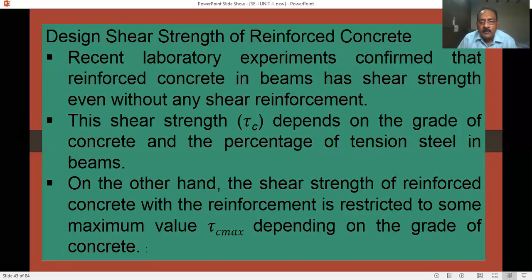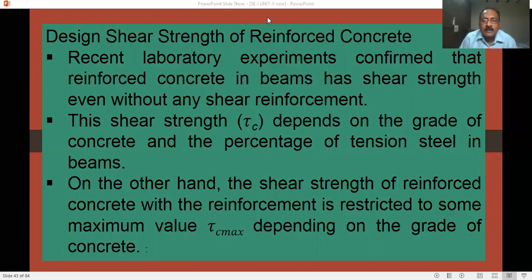On the other hand, the shear strength of reinforced concrete with reinforcement is restricted to some maximum, tau_c max, depending upon the grade of concrete. It should not exceed this maximum value, because if tau_v exceeds this maximum value, you have to revise that design again. This is a very important point.